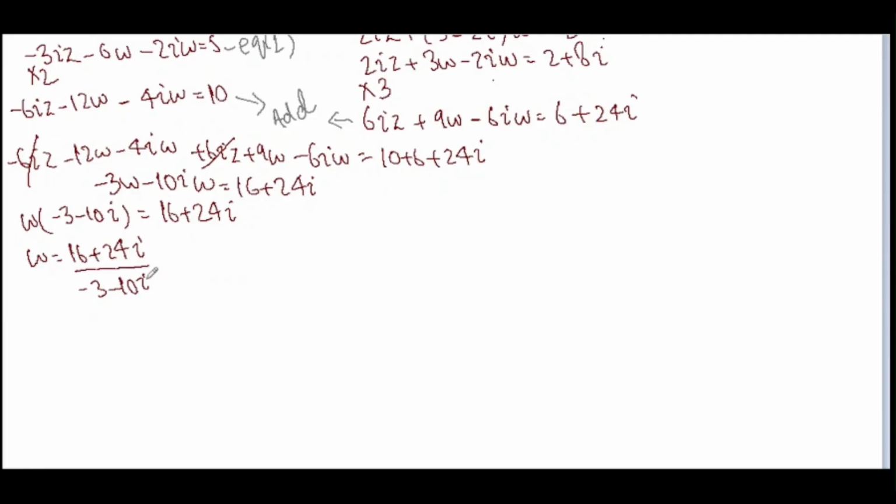Now we are going to rationalize it because there is a complex number in the denominator. How do we rationalize? We multiply and divide the fraction with the conjugate of the complex number in the denominator. So its conjugate would be minus 3 plus 10 iota, and it is also divided over here.